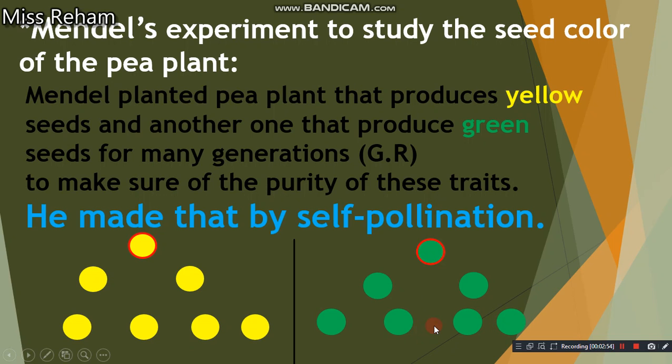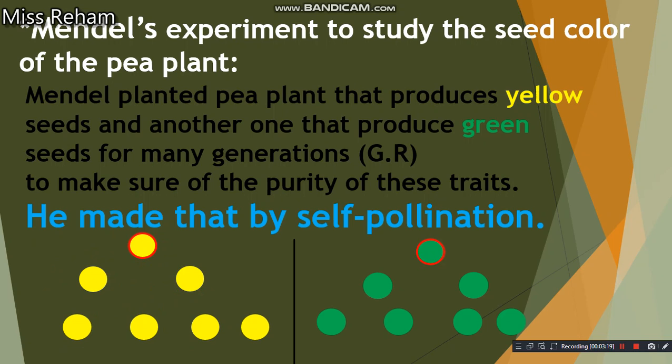So he concluded that the color of seeds is pure in the plants he had planted. He concluded that the plant that produced yellow seeds contains pure traits.